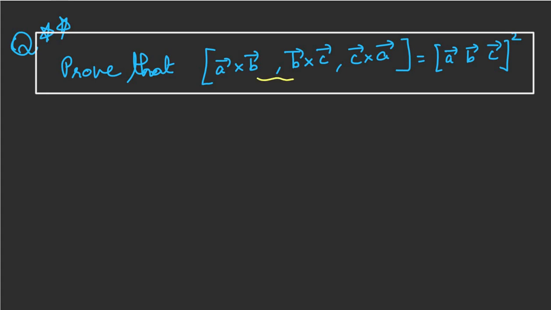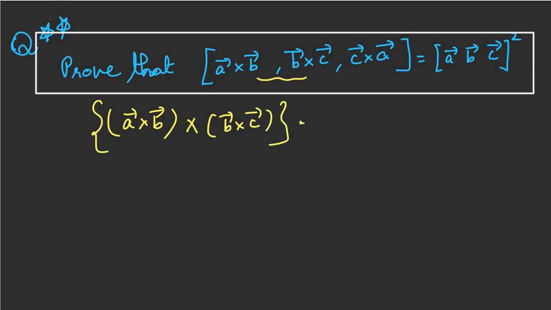The box product we know can be written as A vector cross B vector, dot B vector cross C vector, dot C vector cross A vector. Now we use the vector product of four vectors here.